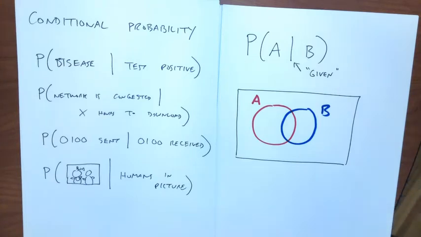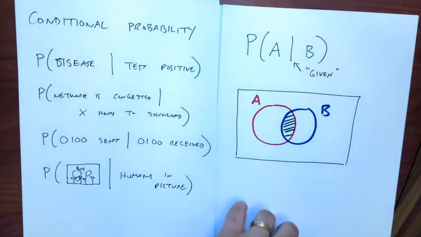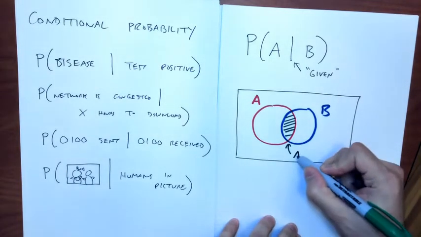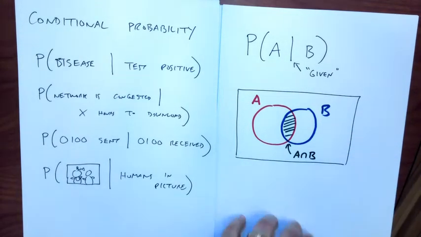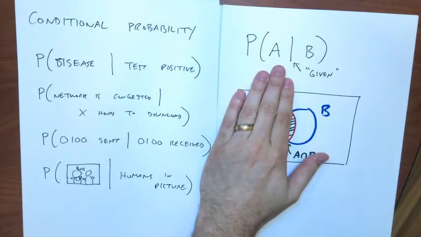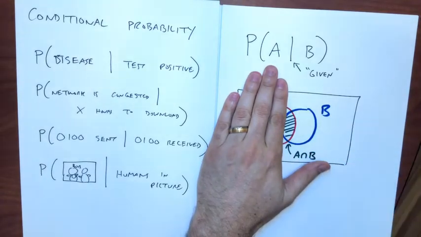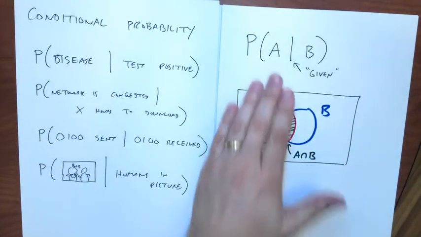Intuitively, it's related to this intersection. This green area is A intersect B. If I tell you that B occurred, in some sense we're narrowing our attention. We're changing the sample space from the whole thing down to just B. Now I told you that B happened. What's the probability that I'm inside this stripy region?